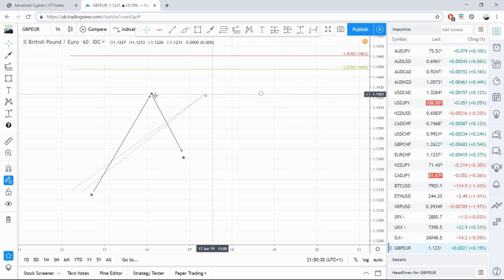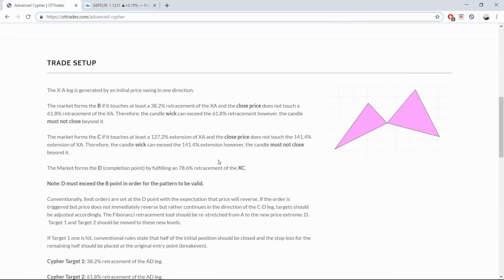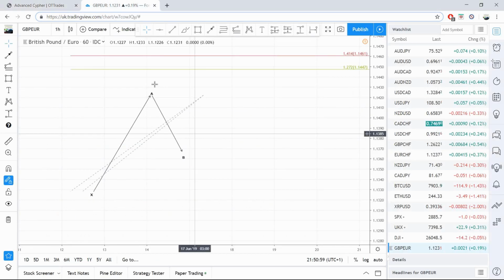1272 extension of the X point here to the A point here. So it's an extension of this leg. So you've got 0%, 100%, 127.2% here. So 1272 extension of X to A leg. And the close price does not touch the 1414 extension of X to A. Therefore, the candle wick can exceed 1414 extension, but the candle must not close beyond it.